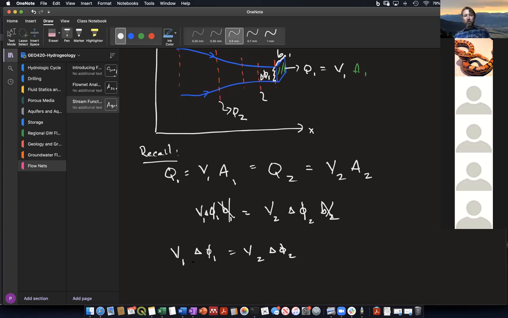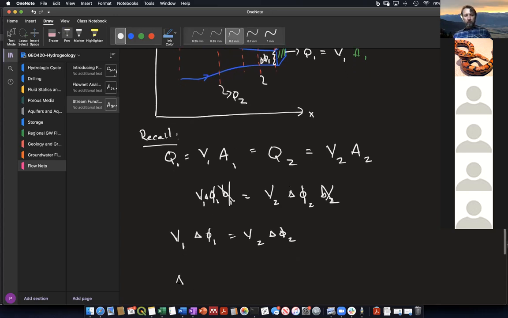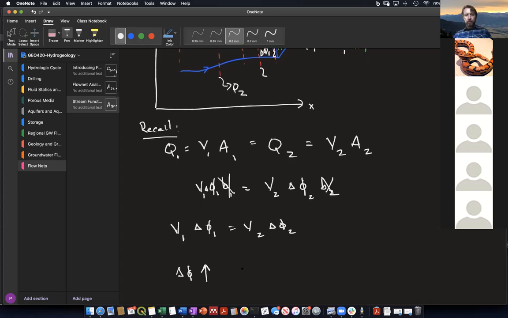Because these are equal, if delta phi 2 is larger, then as delta phi gets larger, our velocity has to go down. And conversely, as delta phi gets smaller, as the distance between the stream tubes gets smaller, then our velocity must be increasing.